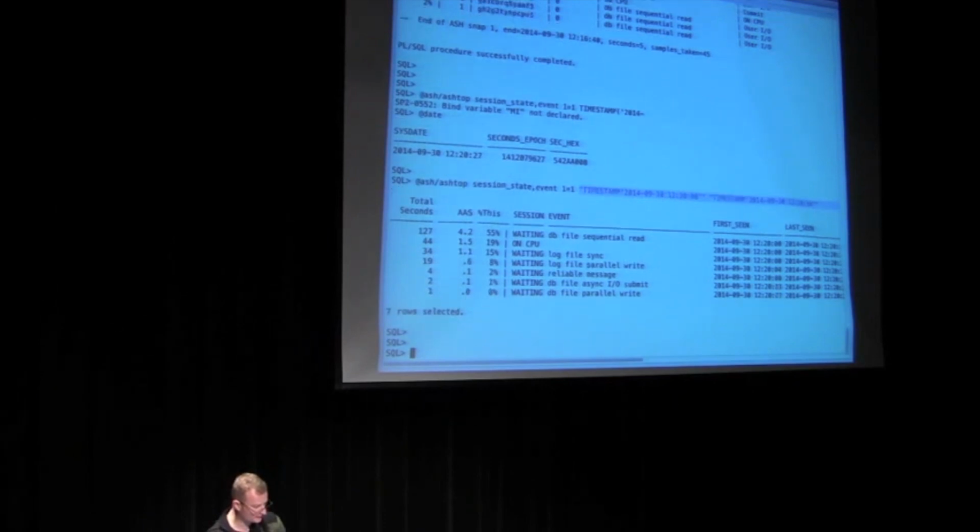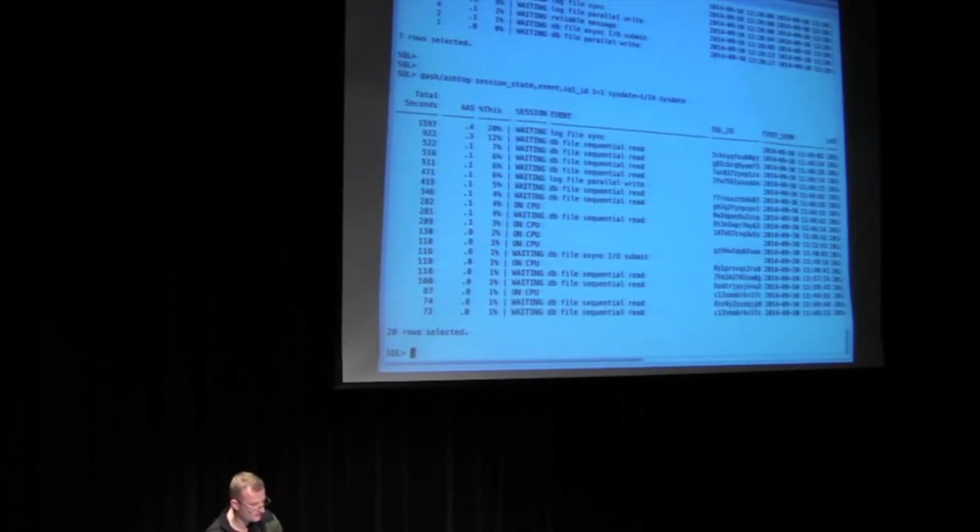Okay, so let's look into the SQL ID. I'm looking into the whole last hour or so. You see, for example, here we have log file sync where SQL ID is null, right?